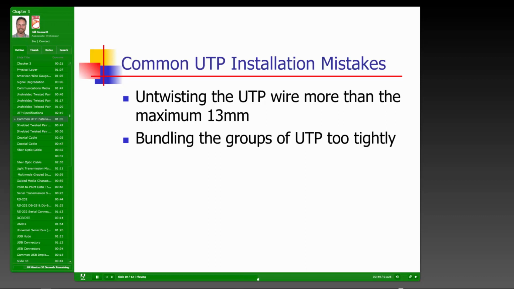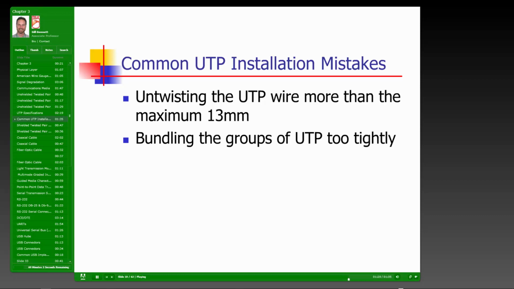One of the other common installation mistakes is that when you run bundles of cabling, a lot of times IT professionals and cablers will wrap those bundles in zip ties, and so if you pull too tight on a zip tie, you can actually cause the wires to be wound too tightly next to each other, and get some interference going there.